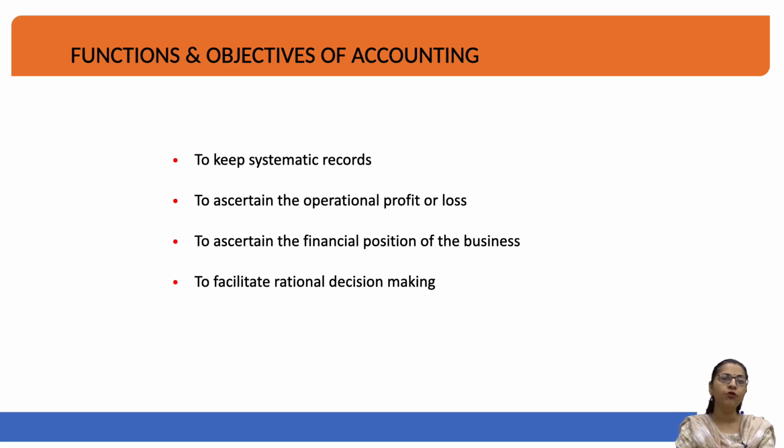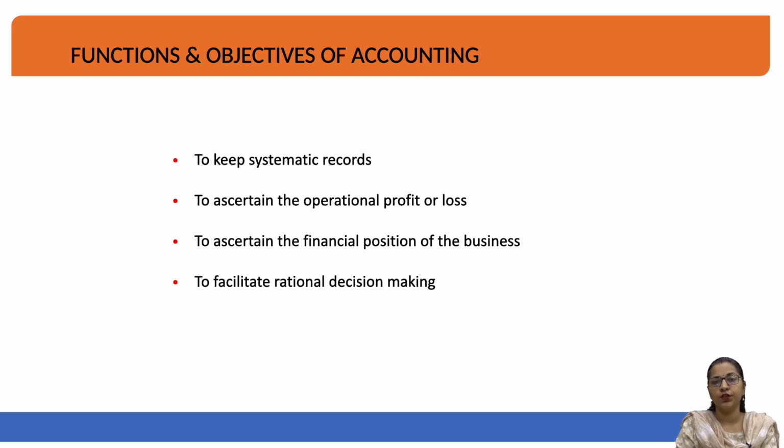So, we would like to know whether the financial position of the business was a plus of an asset or a minus of an asset, a plus of a liability or a minus of a liability. From this we will come to know how much the assets and liabilities of a company were at a particular date. So, this is the third step, that is to ascertain the financial position of the business.